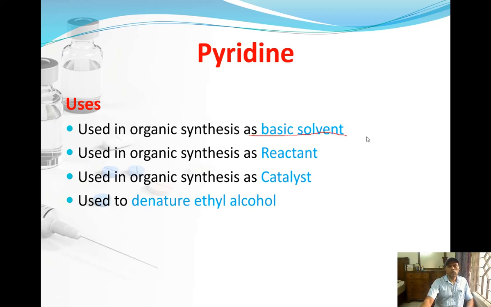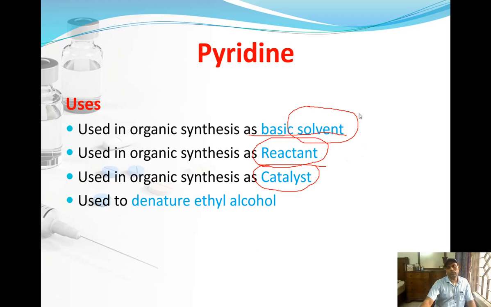As I have told you, it is a very important and very popular chemical in heterocyclic chemistry. It is widely used as a basic solvent. It's a basic compound. Also, it is used as a solvent, as a liquid in the reaction. It is not just the medium for the reactions. It is also used as a reactant in the reaction. It is also used as a catalyst in the reaction.